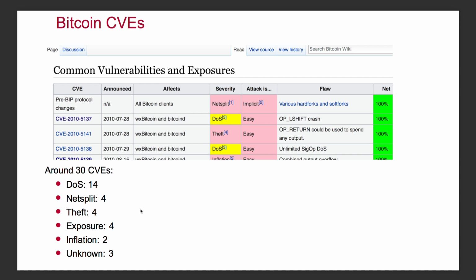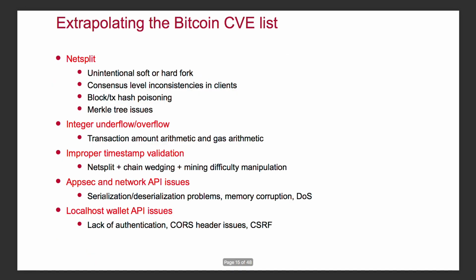Or it could be some localhost API and wallet issues. And there are also some others, such as inflation. That's actually interesting. Inflation is when you create coins out of nothing and then the value of the coins drops and stuff like that. So I'm going to talk about net split attacks next.